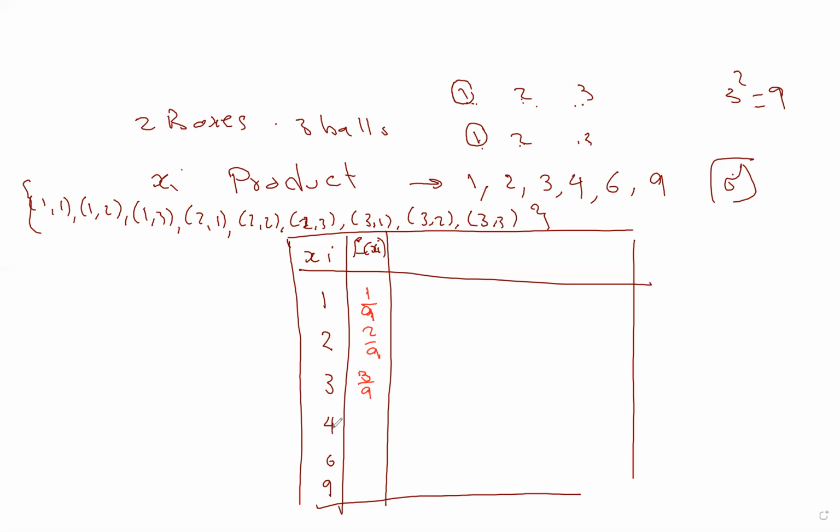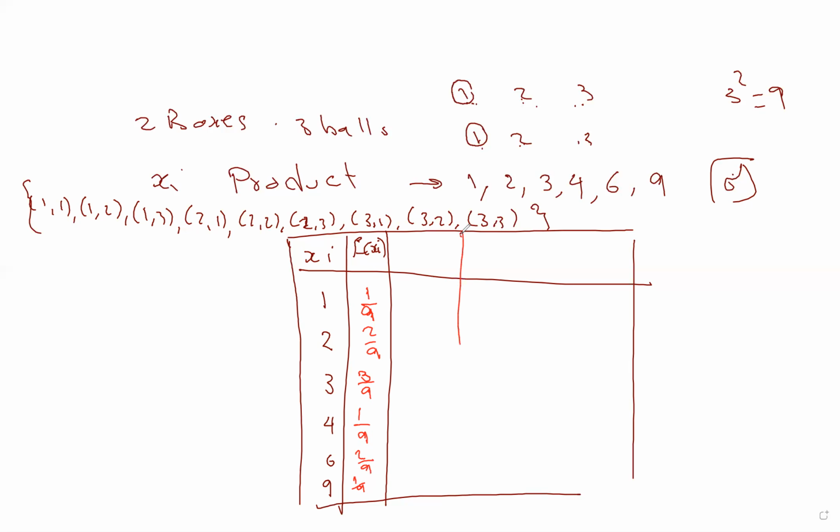To get 4, either 2 times 2, only 1, so 1 over 9. To get 6, either 3 times 2 or 2 times 3, it will be 2 over 9. To get 9, only 1, which is 3 times 3, is 1 over 9. So this is the variable, and this is the probability that you get from this experiment.